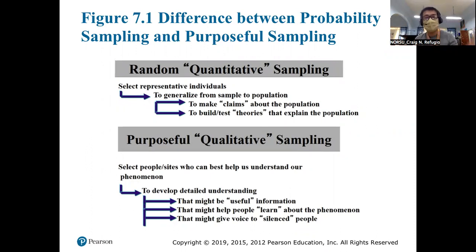Number one, that might be useful information, that might help people learn about the phenomenon, that might give voice to silenced people. So these are actually the three specific terms that we are going to consider in the term detailed understanding of the phenomenon.